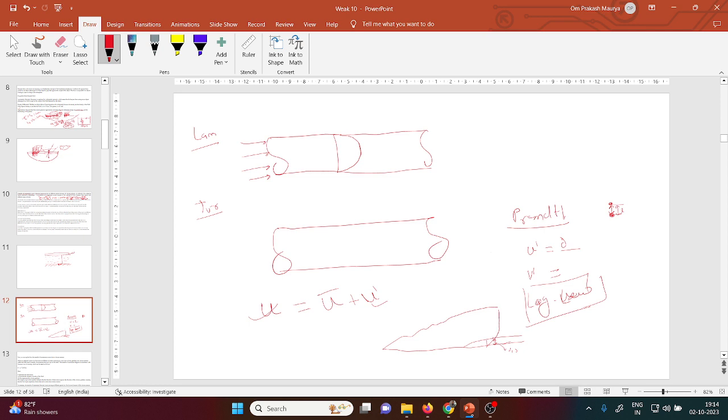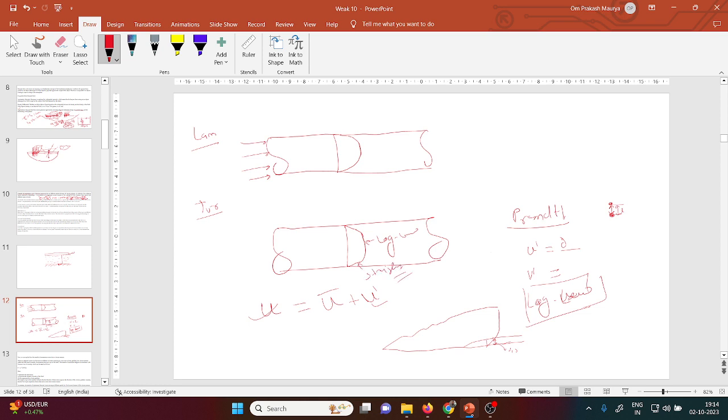So in case of turbulent flow, if you want to draw the diagram, this is the straight part from here, and this is not a parabola but a log curve, and this is the straight.